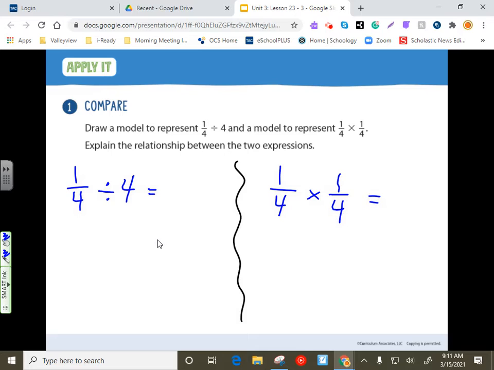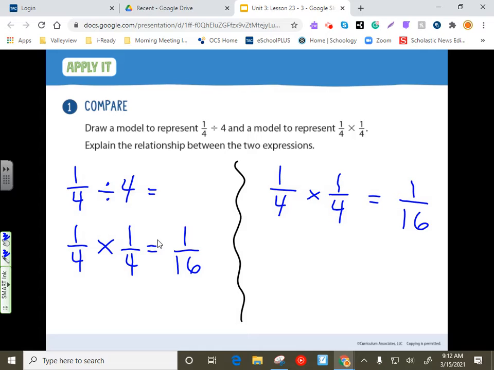On the left, we'll keep 1/4. We change our sign, and 4 becomes 1 over 4 because we flip it. And this becomes 1/16. This is exactly what we did over here, 1/16.